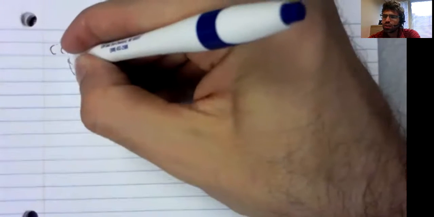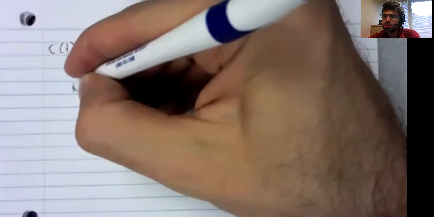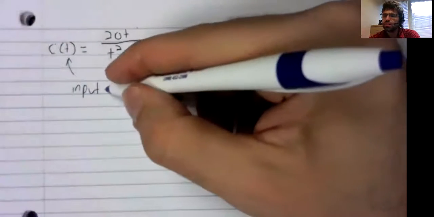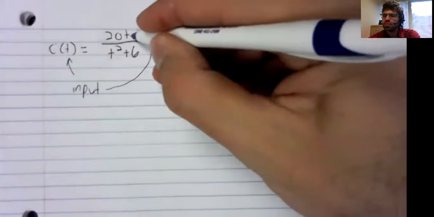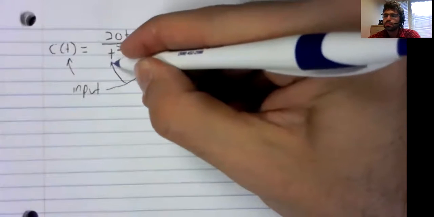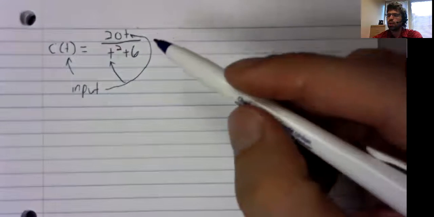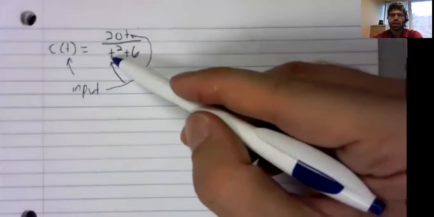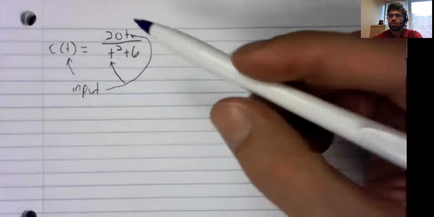So here the input is t, and that same input appears on the right-hand side of the equality as well, here and here.